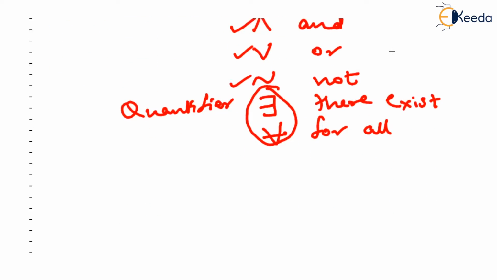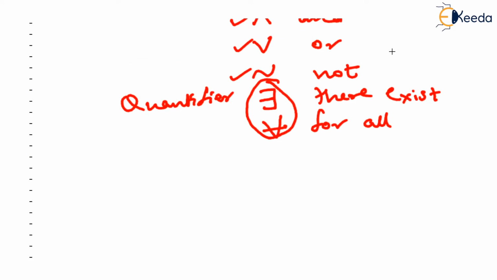Okay. Now let's see there exists. What does it mean? Suppose we write something like this: there exists t, in brackets, t dot a greater than 50.